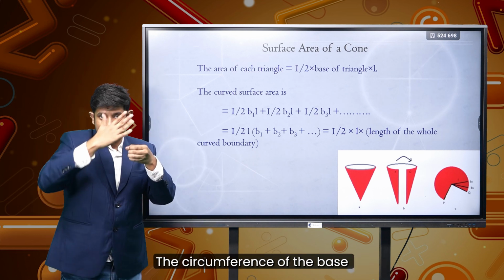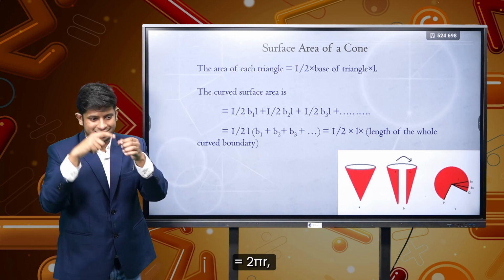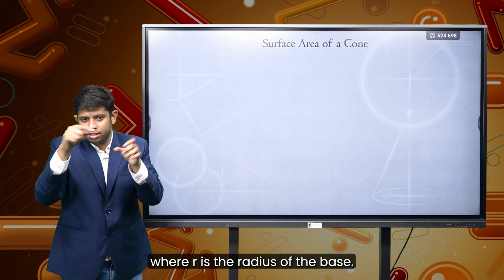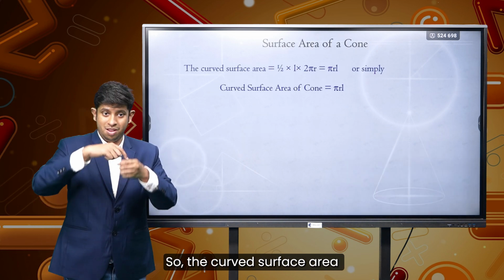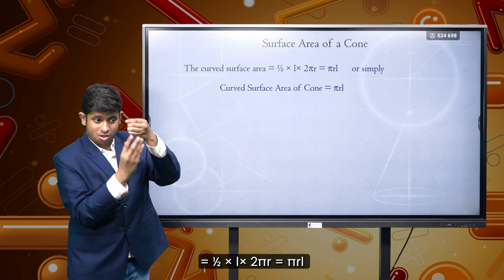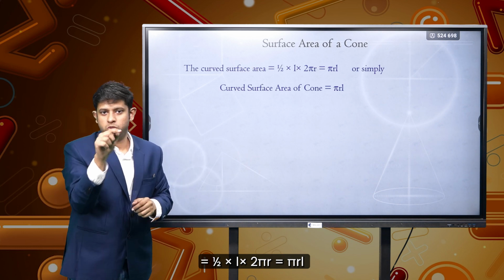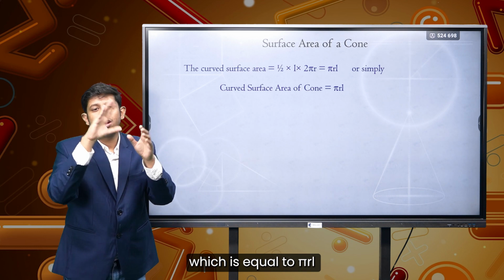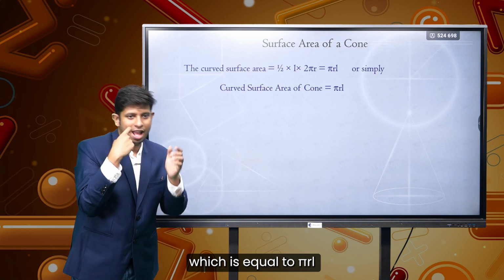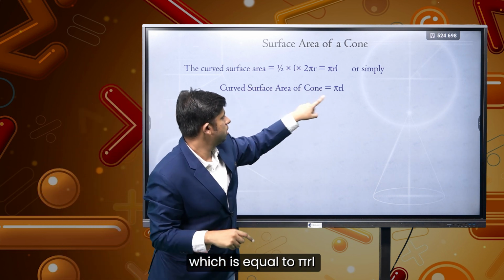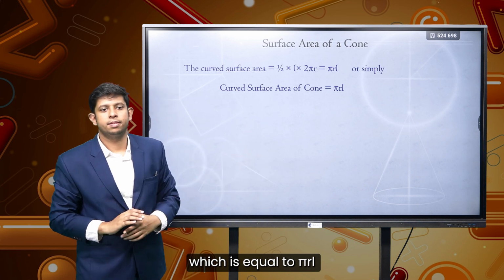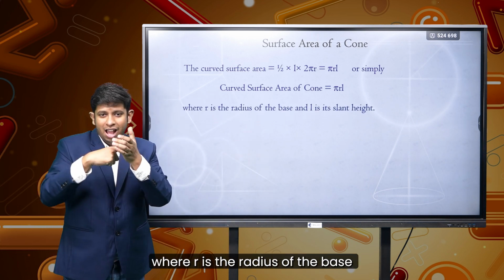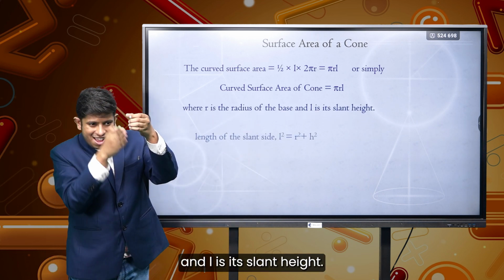The circumference of the base is equal to 2 pi r, where r is the radius of the base. So, the curved surface area is equal to half into L into 2 pi r, which is equal to pi r L, where r is the radius of the base and L is its slant height.